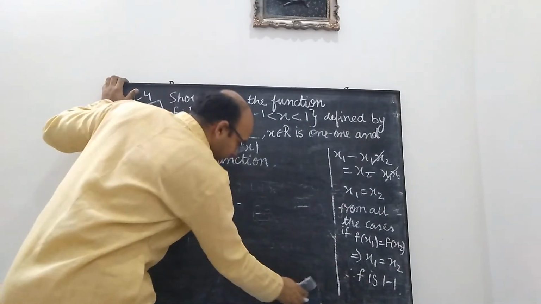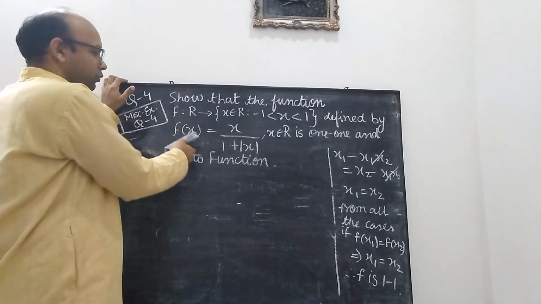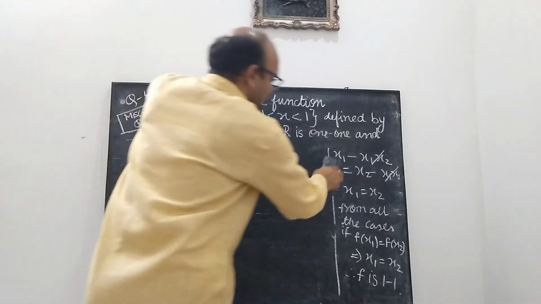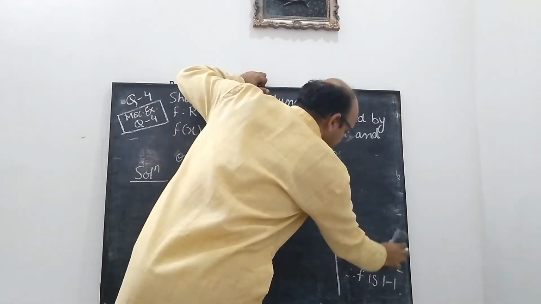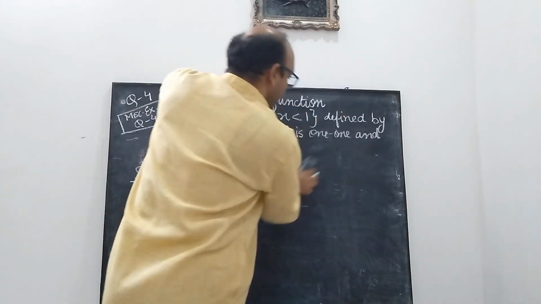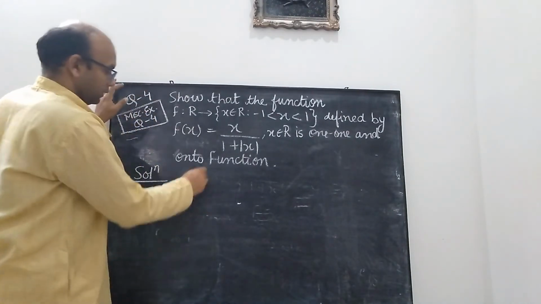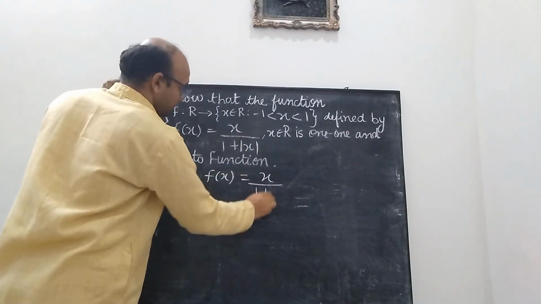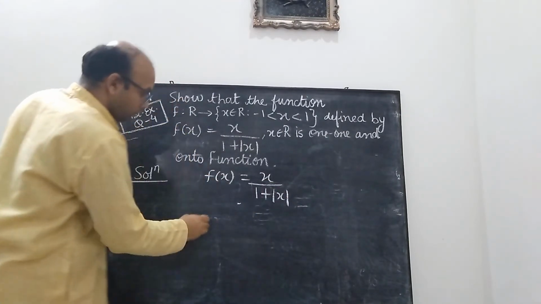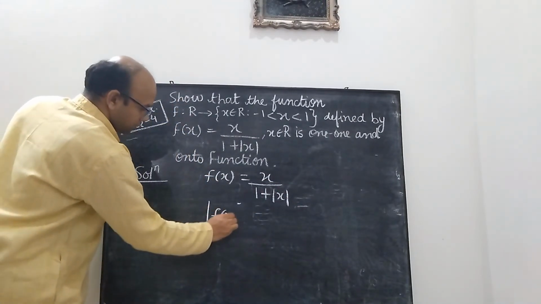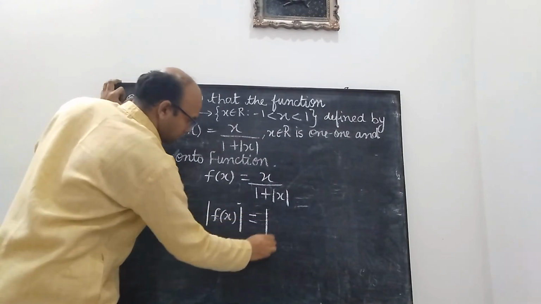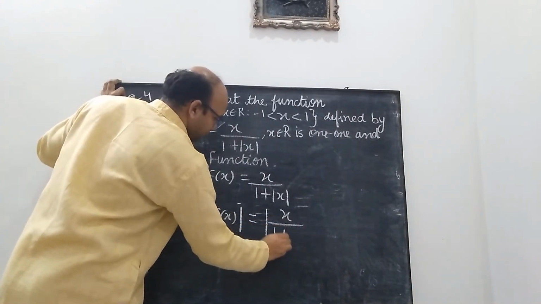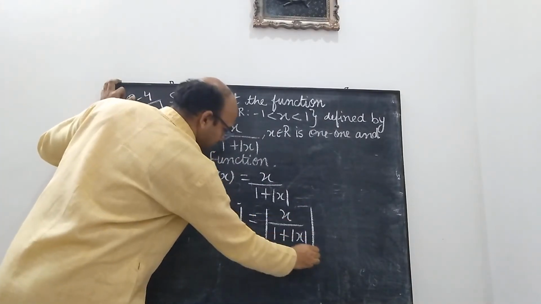Sometimes we try to find out fx equal to y and redefine the whole thing. The thing we can do over here is we find the range of this function. So since fx is given as x upon 1 plus mod of x, we take the modulus of x upon 1 plus mod of x.